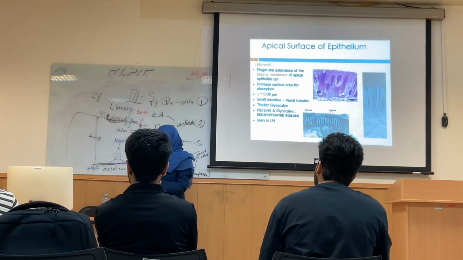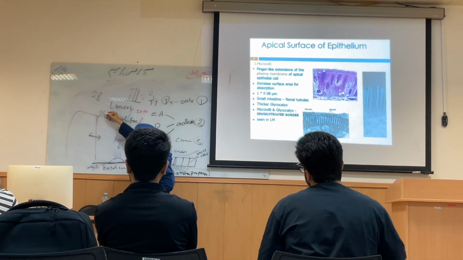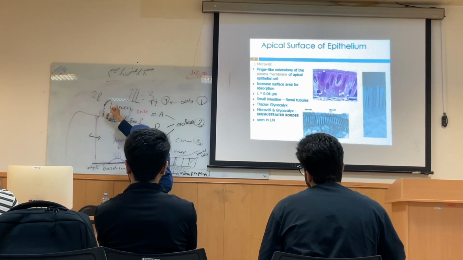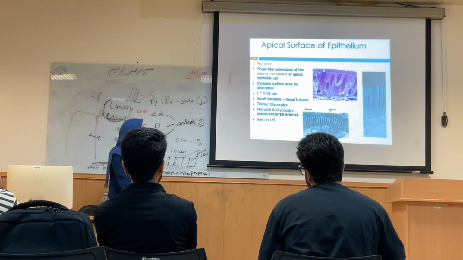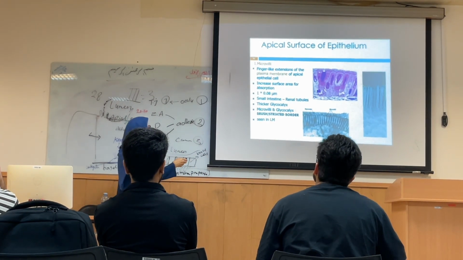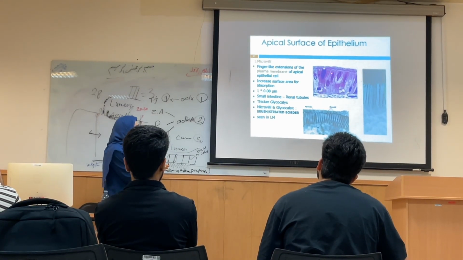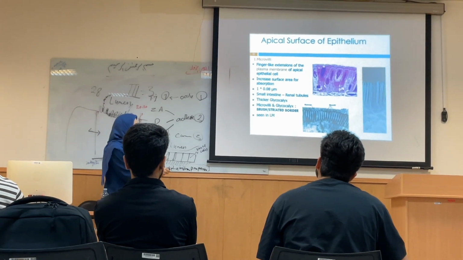Thus the main structure, the core of them, includes the actin filament that's covered by the cell membrane. They increase the surface area in the small intestine or elsewhere. Here you can see them by special staining or electron microscope.